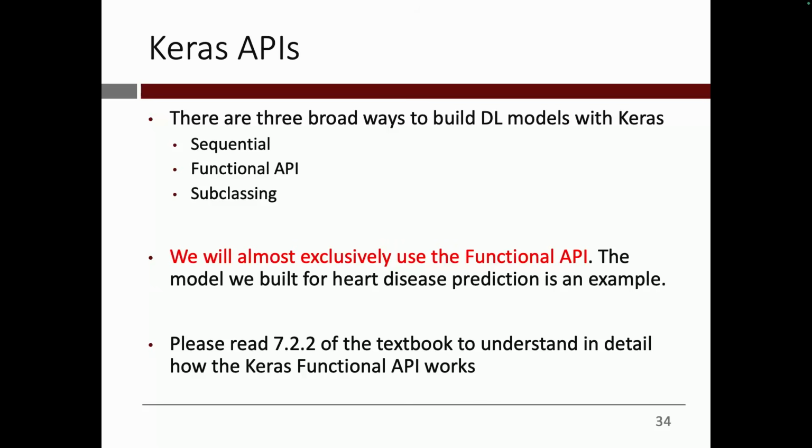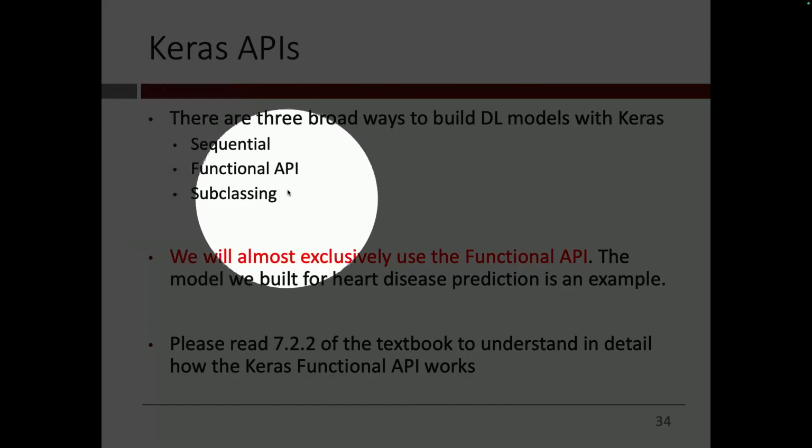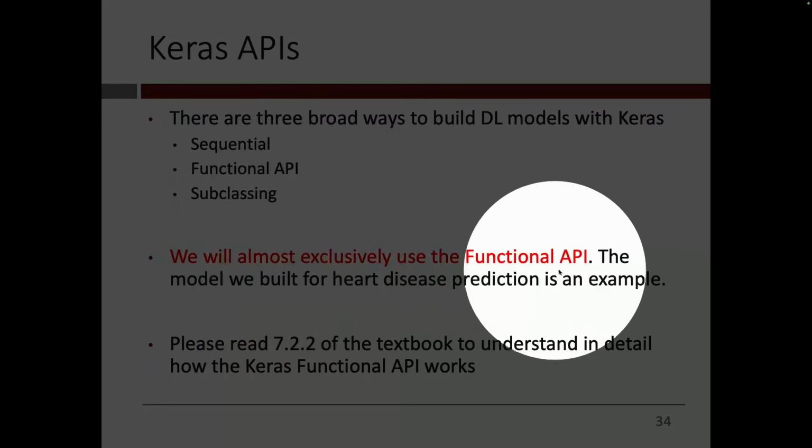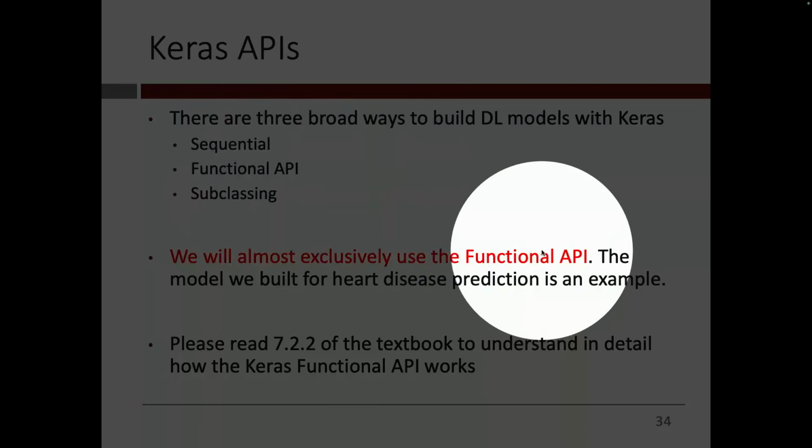It requires more knowledge of object-oriented programming, which is why we decided to go with TensorFlow and Keras, because I think it's actually as powerful in many ways, and it's a little easier to get going. Okay, so that's what we have here. And one other thing I will mention is that there are 3 ways in which you can use Keras. There are 3 kinds of APIs: sequential, functional, subclassing, and we'll almost exclusively use the functional API. Okay?